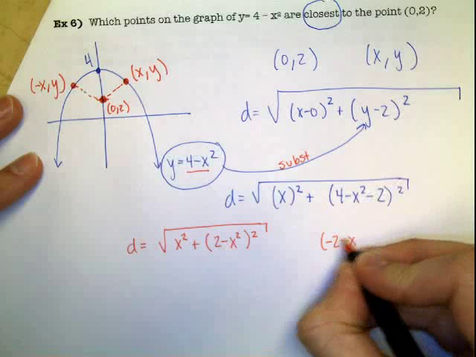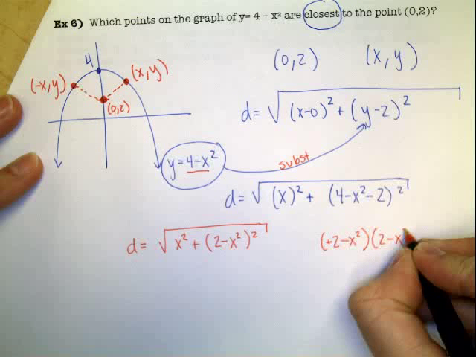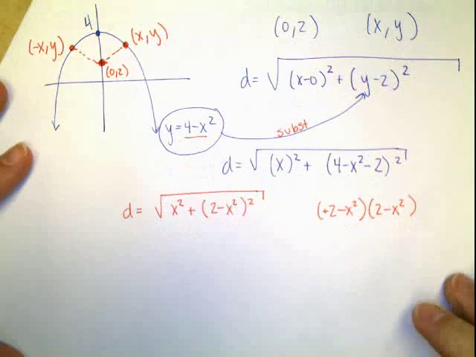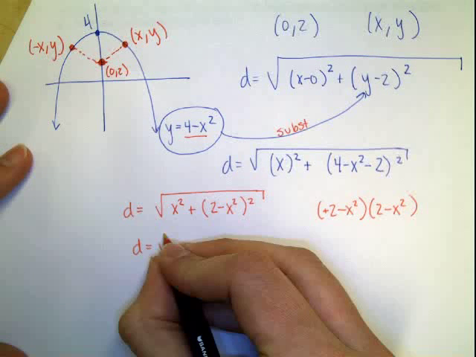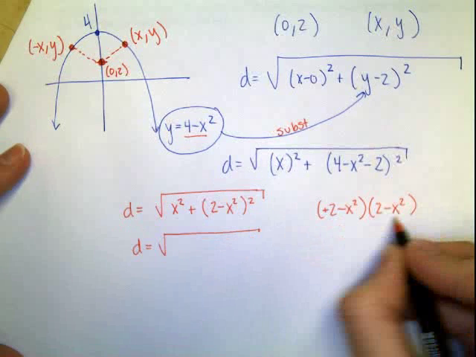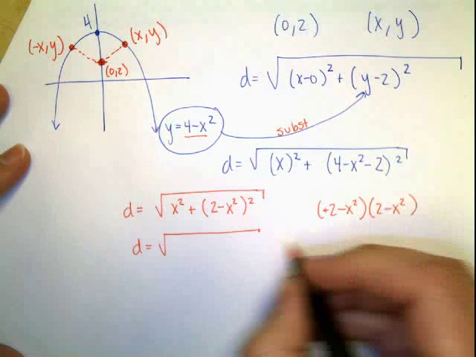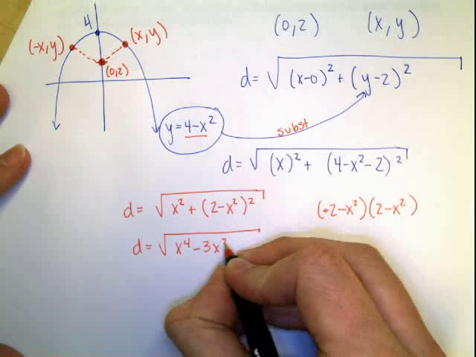That's 2 minus x squared times 2 minus x squared. So I'm going to do a little bit of FOILing and combine it with this x squared. I'm going to skip a step here and just assume that you guys can kind of jump up with me on that one. Clean up the inside, multiply this all out, add it all together, and you get x to the 4th minus 3x squared plus 4.